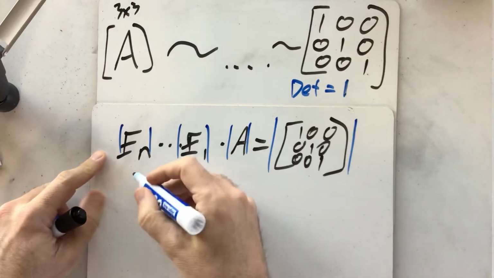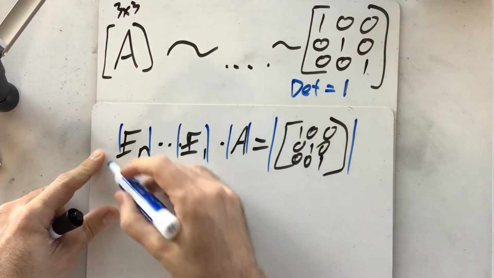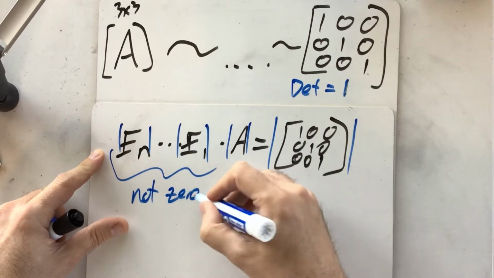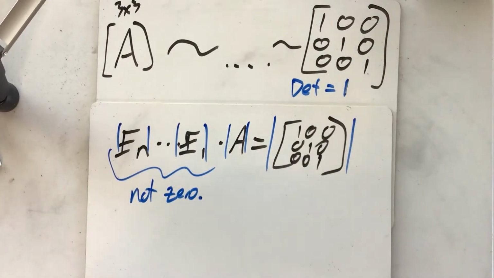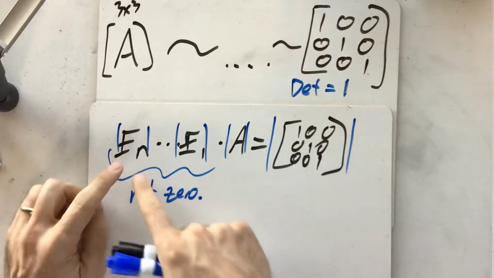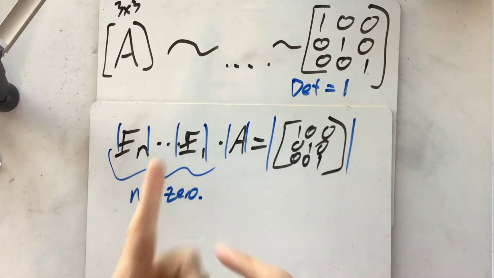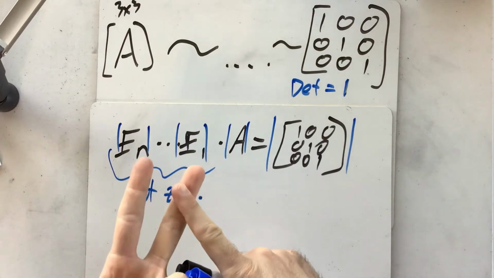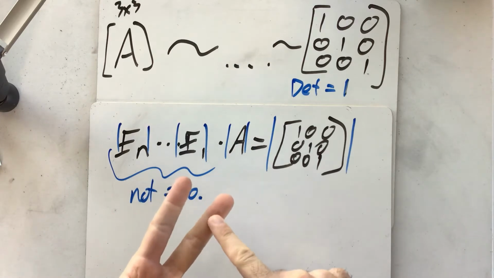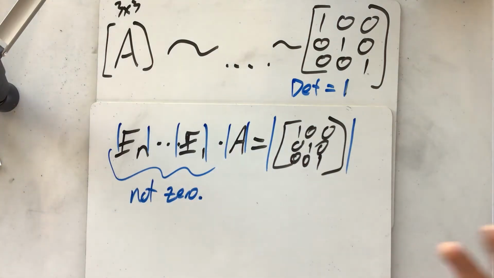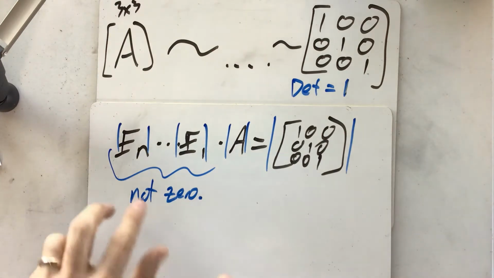So we end up with some number on each of these. But what's important is that none of these are 0. These elementary matrices that we had just a moment ago, you can't get zeros from them, because it's either 1 if it's a row replacement, minus 1 if it's a switch of rows, or k if it's a scale of a row. And that k isn't 0, because you wouldn't scale a row by 0. So that means none of these are 0.